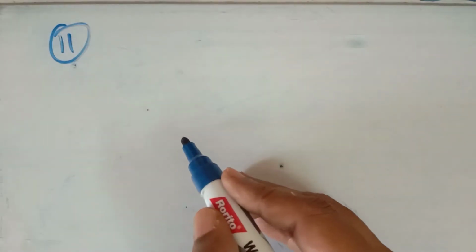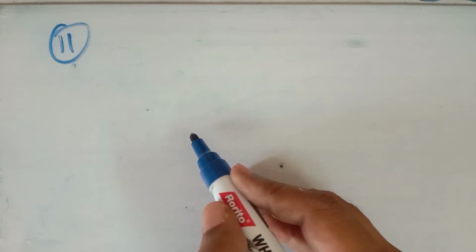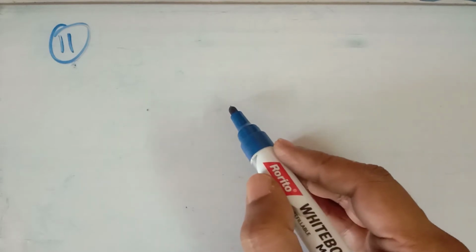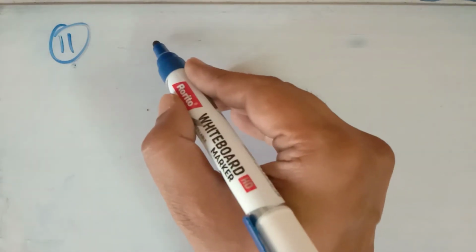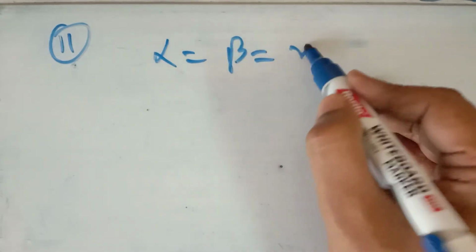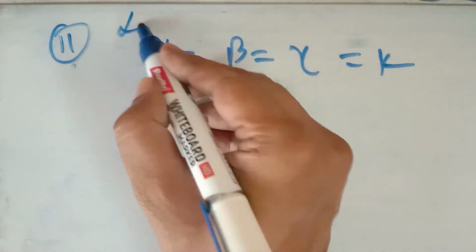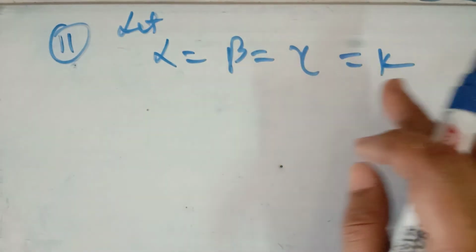So question number 11. Show that the direction cosines of the vector equally inclined to the axes OX, OY, OZ are... So you have to find the direction cosines of the equally inclined vector. Now, when it is given that it is equally inclined with the x-axis, y-axis and z-axis, alpha is equal to beta is equal to gamma is equal to k, where alpha, beta, gamma are the angles made by the vector with the x-axis, y-axis and z-axis.